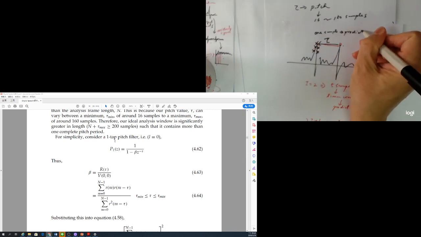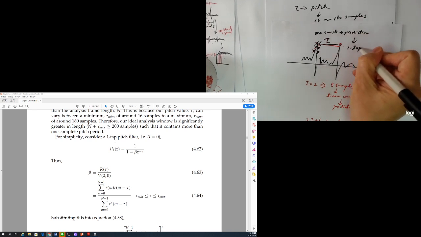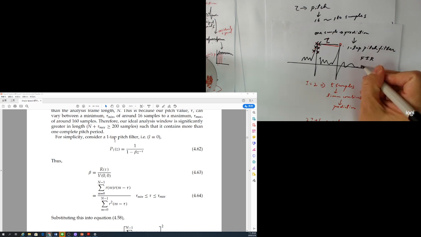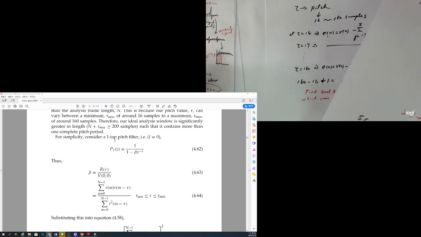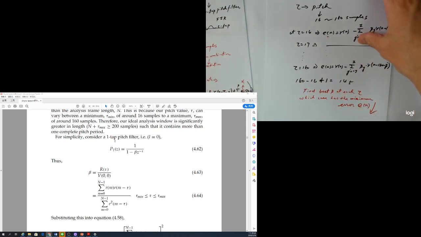So we call this one a one-tap pitch filter. This definition is a little similar to what we call the FIR. If your finite impulse response has five coefficients, we call it a five-tap FIR. So it's the same wording. Here they try to calculate the equation.